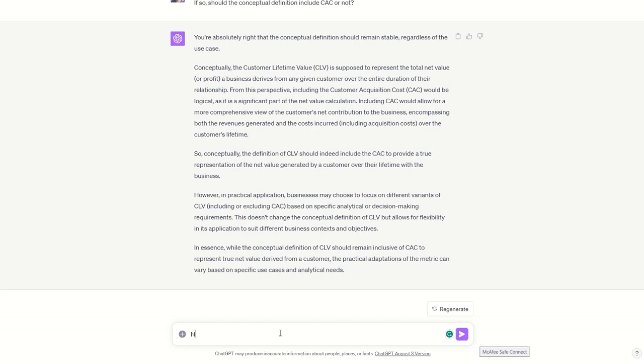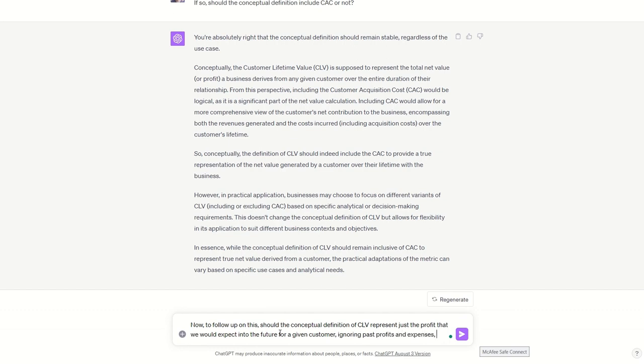So I guess this is one of the final key distinctions. Now, to follow up on this, should the conceptual definition of CLV represent just the profit that we would expect into the future for a given customer, ignoring past profits and expenses?